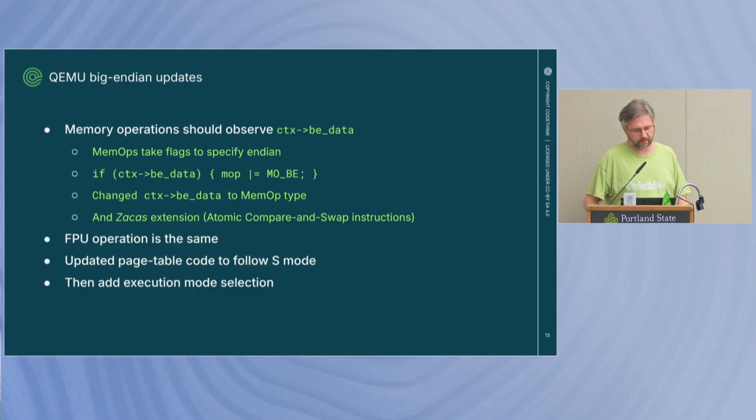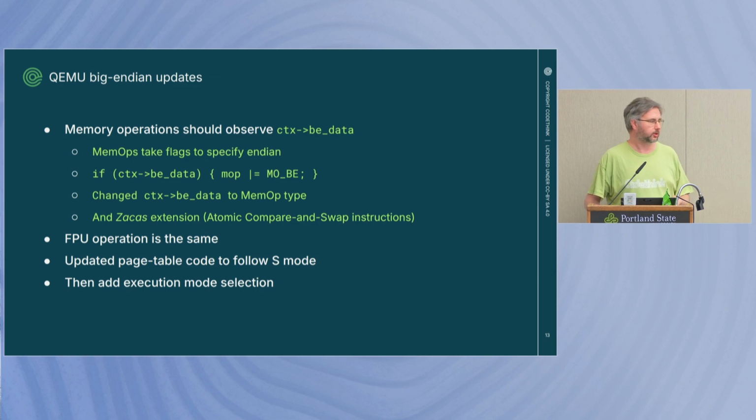And the only other really annoying thing was the page table walker. So we went through that and did a similar thing of, if we're in Big-endian, make sure that the page table walking code in QEMU follows that, because it has to fetch data and create its translation tables, rather like a real core would.